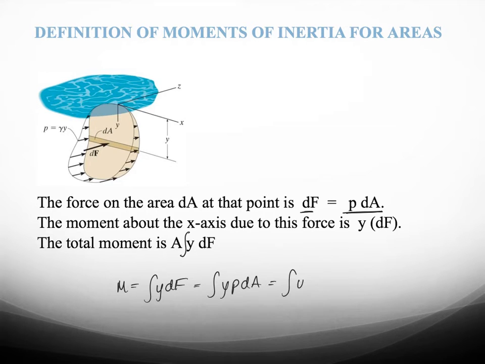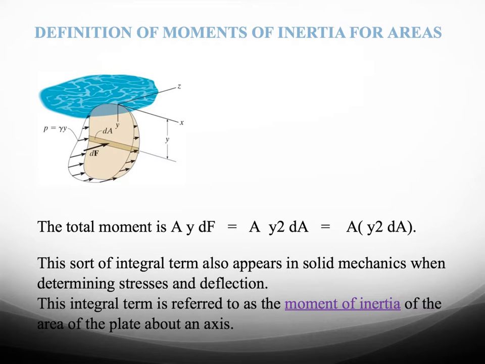Remember, the pressure was gamma y, so this ends up being gamma y squared dA, and that's how we calculate the moment. So let's start that. Again, here's what I just did.